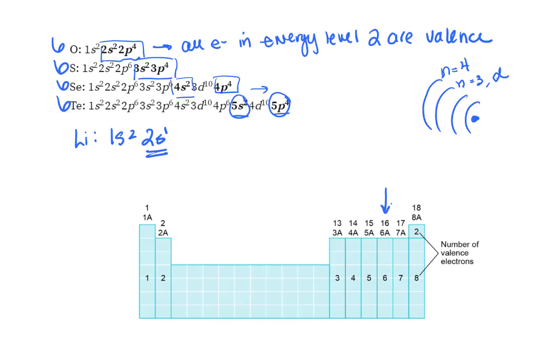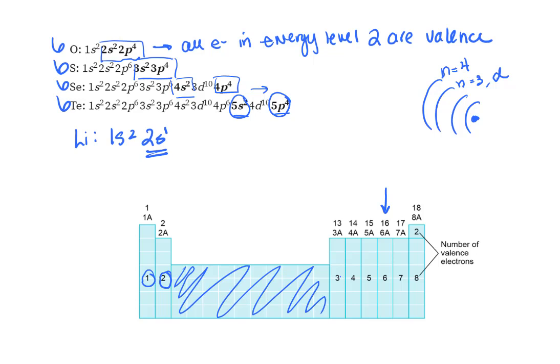It's really convenient that we can just essentially count from left to right on the periodic table the number of valence electrons. Everything in column 1 has 1 valence electron. Everything in column 2 has 2 valence electrons. We commonly ignore the D block here because the D block contains transition metals, which sometimes do some unusual things.